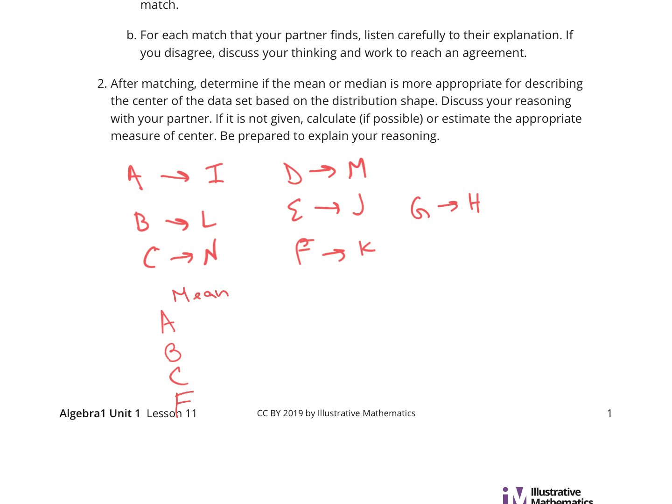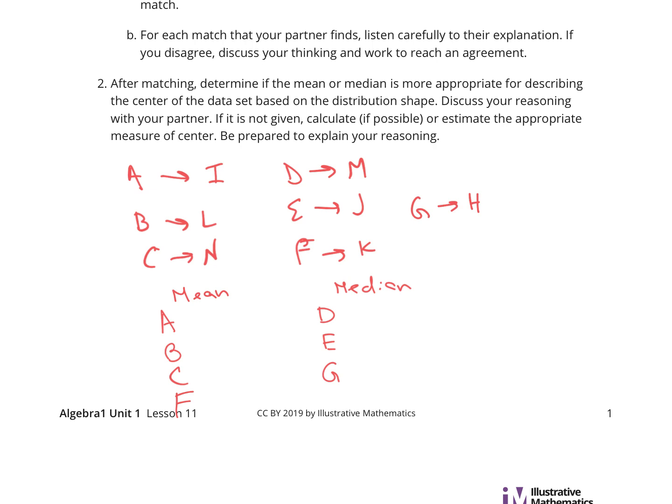The other ones are skewed, and whenever you have a skewed data display, you're going to want to use the median. So that would be D, E, and G.